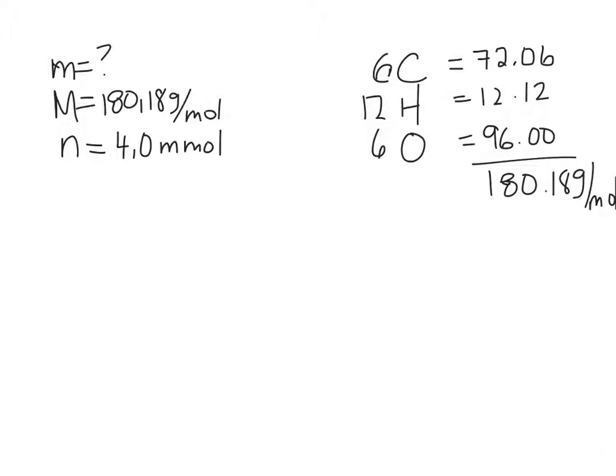Milliliter to a liter, millimoles to a mole, milligrams to a gram, millimeter to a meter. They're all different by 1,000. So there's 1,000 millimoles in every 1 mole.